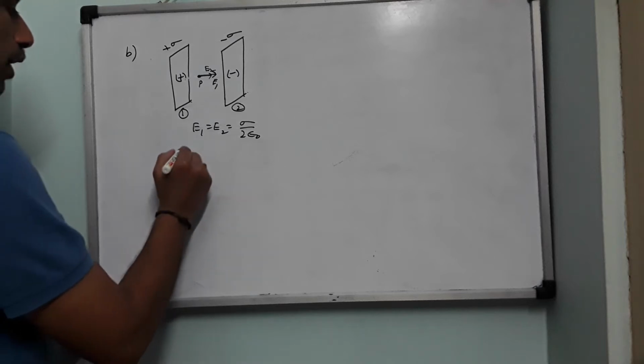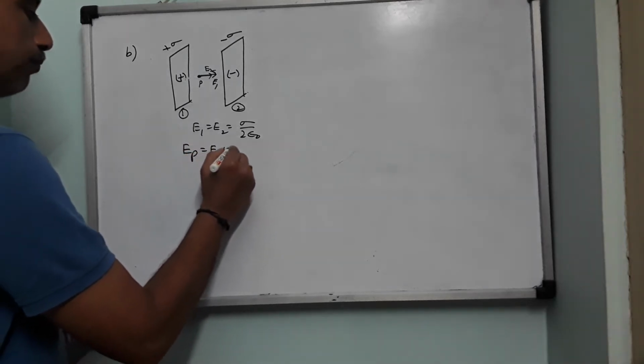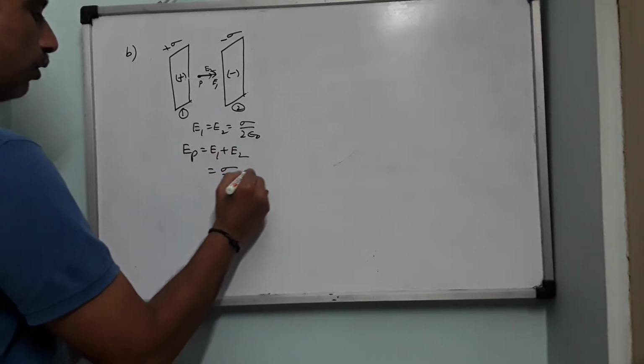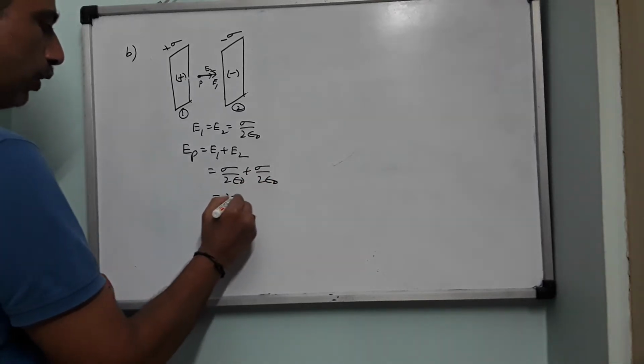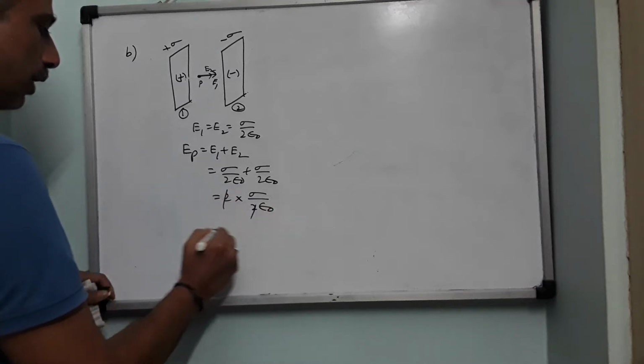So net electric field at point P, EP equals E1 plus E2. That is sigma by 2 epsilon 0 plus sigma by 2 epsilon 0. This is 2 into sigma by 2 epsilon 0. The 2 and 2 cancel.